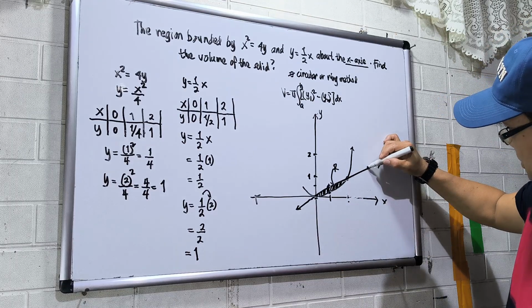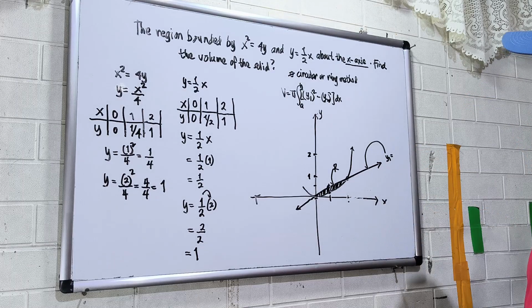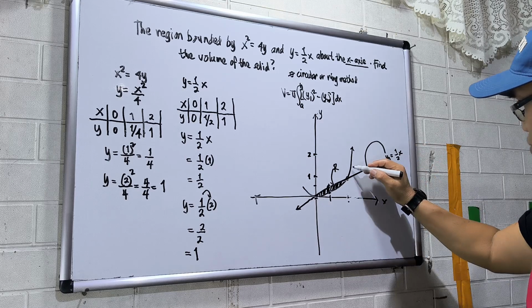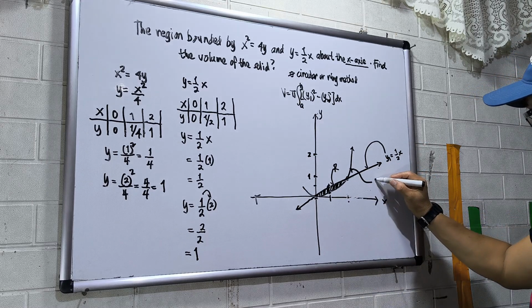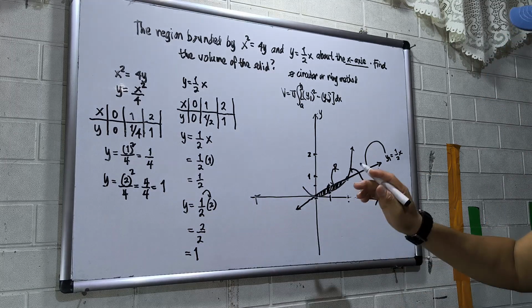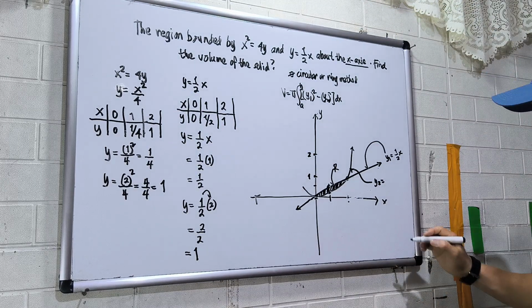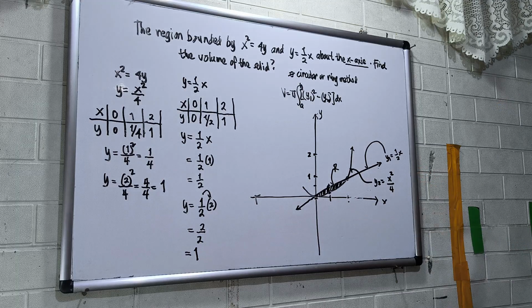So take note, this will be my y1. y1 will be equal to 1/2 x. Then this will be my y2, because top over bottom, y2 is equal to x squared over 4.